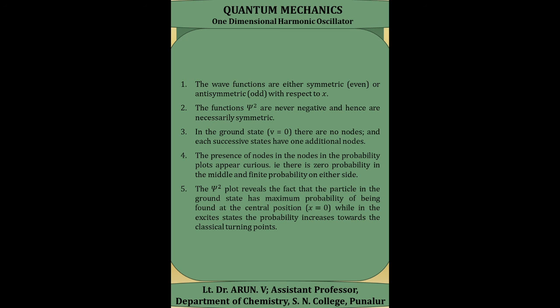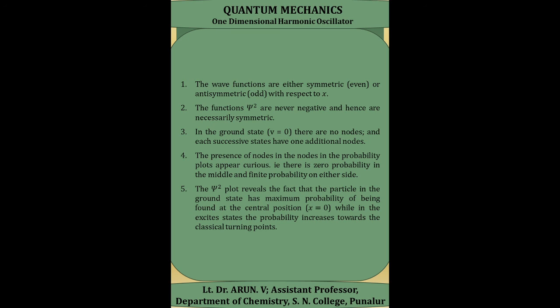In the ground state v equal to 0, there are no nodes, and in each successive state we have one additional node. The presence of nodes in these probability plots appears curious. That is, at that position the probability of finding the particle is 0. That is, there is 0 probability in the middle and finite probability on either side.